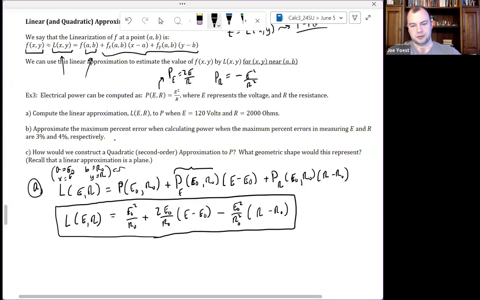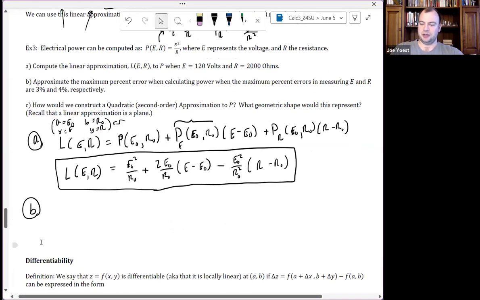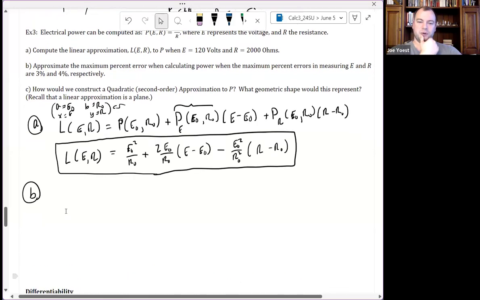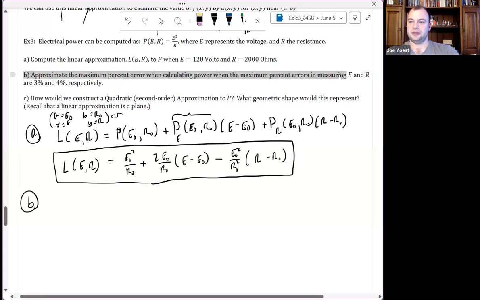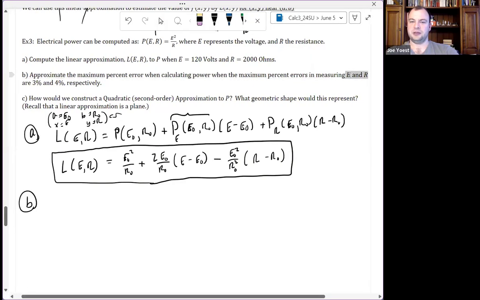Okay, so part B, we're actually going to see something kind of interesting come out here. So we're going to jump to part B. Approximate the maximum percent error when calculating power when the maximum percent errors in measuring voltage and resistance are 3% and 4%.